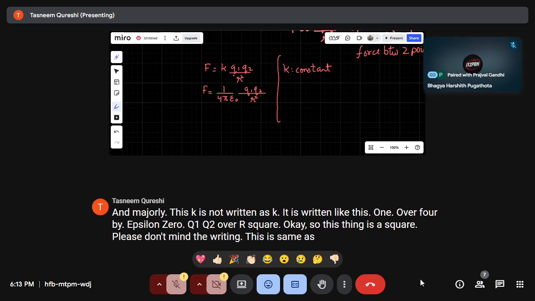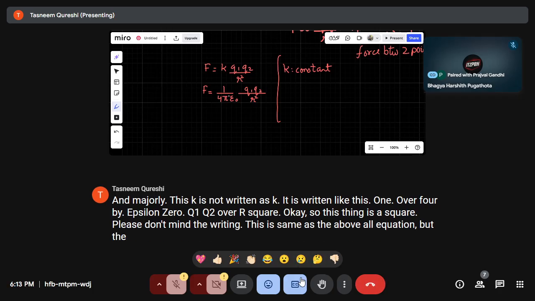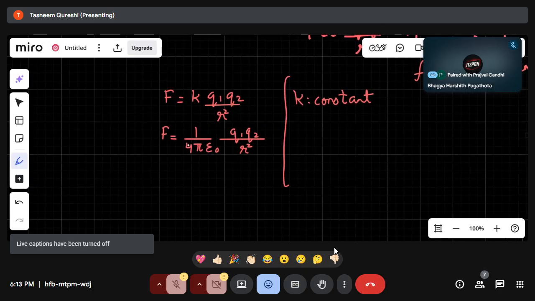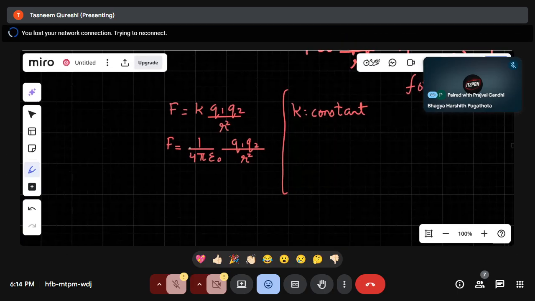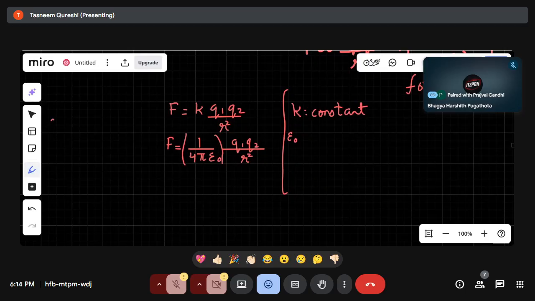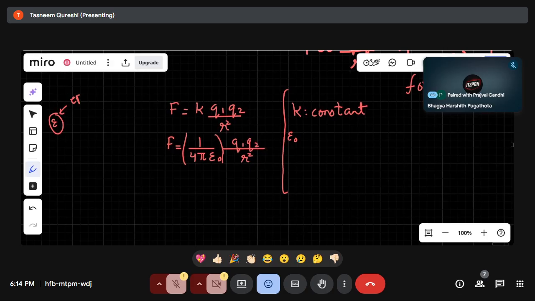This is the same as the above equation, but the only difference is that instead of k we have written this. The symbol's name is epsilon. This thing is called epsilon. It is a symbol.